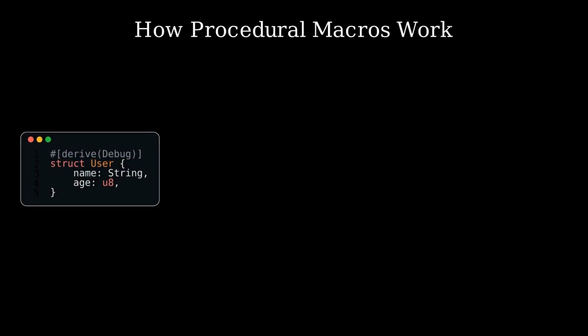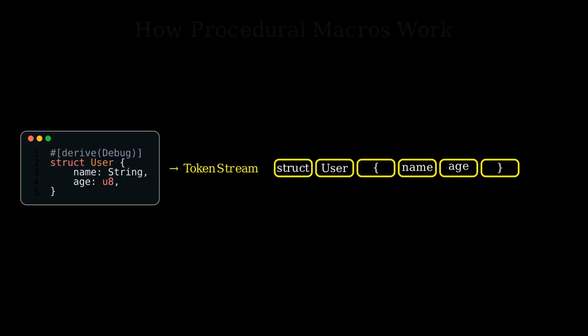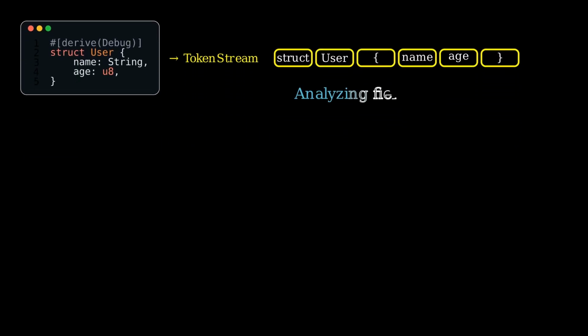But how are these macros generating new code to add? At a high level, your previous struct is first transformed into a stream of tokens, also known as a TokenStream, of each code word. Out of these tokens, depending upon the macro logic, it takes the field names, in this case name and age, to generate new code which implements a trait over the struct.